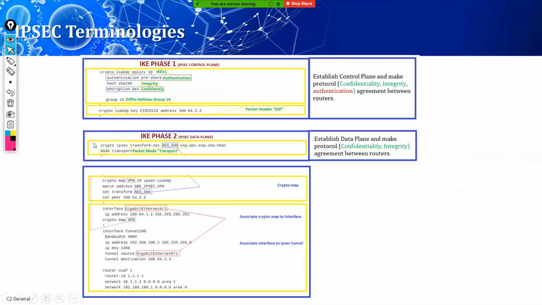This is the sample configuration of site-to-site IPsec. This portion is IKE phase one, and this is phase two.